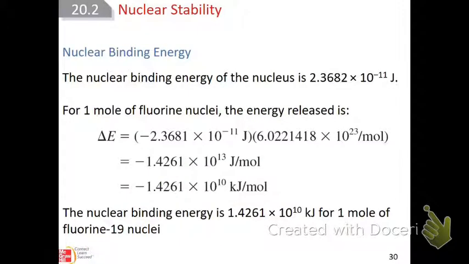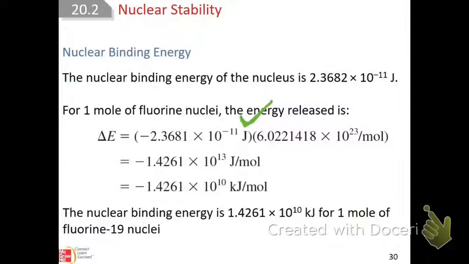So if you multiply that times a mole, that's a lot. You can see here that this is what the answer was.